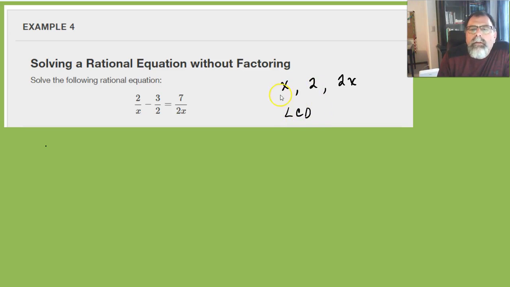So there's just 2. And then x, we have 1x, so just 1x. That'll be our LCD. So we're going to multiply everything by 2x and distribute it. So I just like to go ahead and go 2 over x, 2x over 1 times 3 over 2.